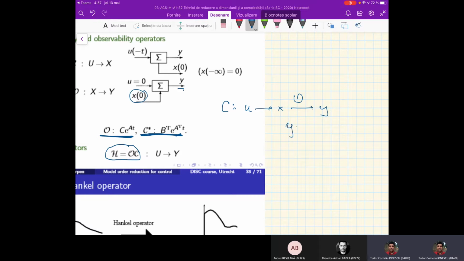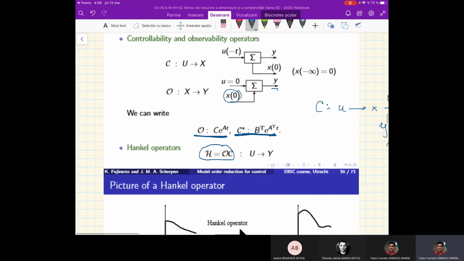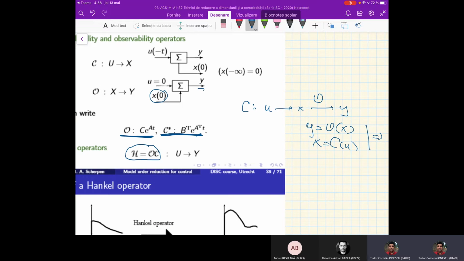So y is O of x, x is C of u, so y is O C u. Here it was easier to write the Hermitian, the adjoint operator of the controllability operator, because this is minus infinity to 0.